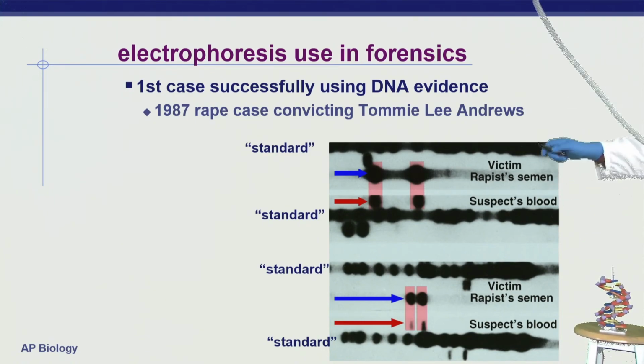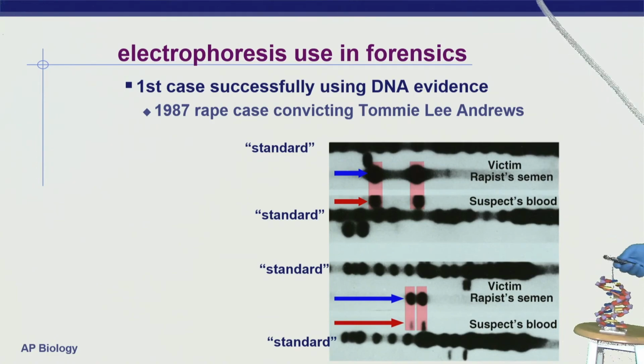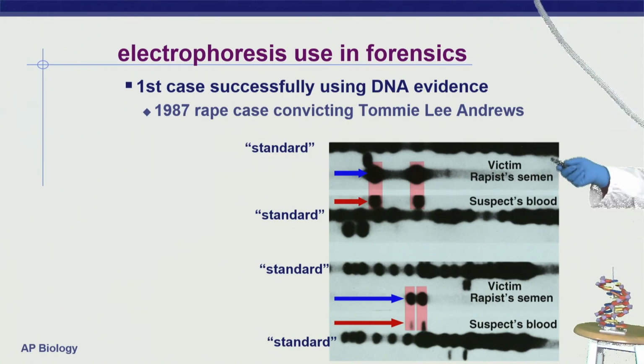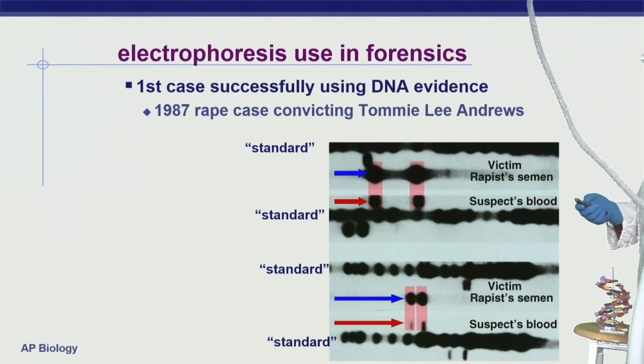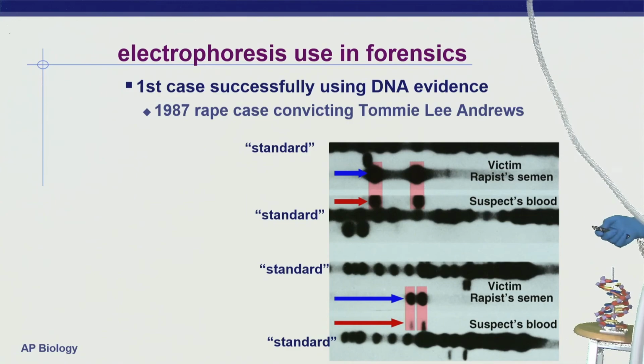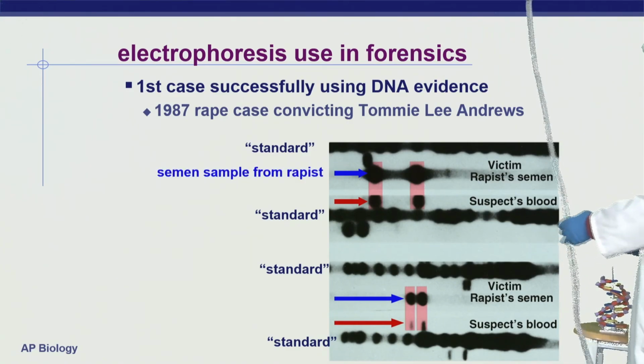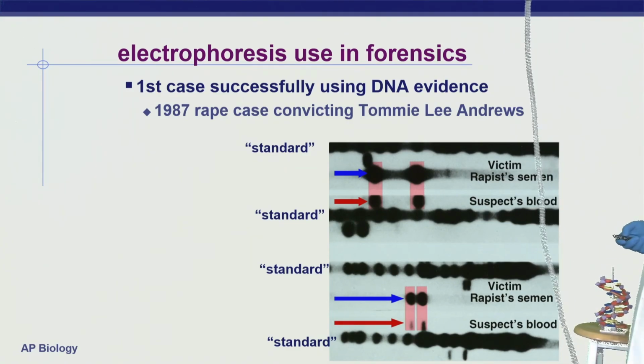And so it was decided that, yes, these matched up perfectly. So the female who had the rapist semen inside of her, they were able to prove that it was from Tommy Lee Andrews. And so he was convicted.